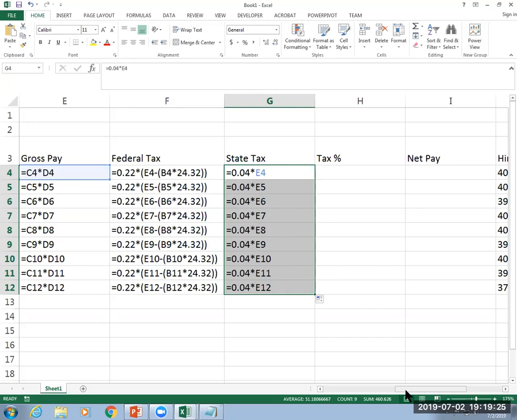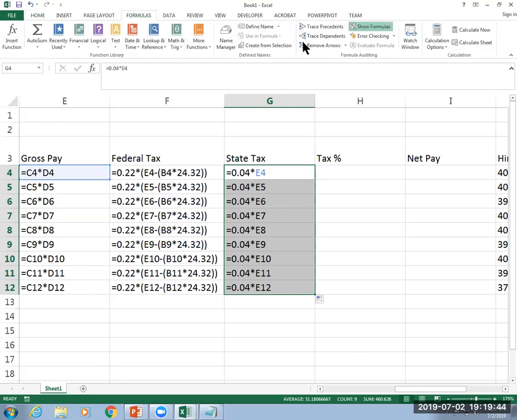So anytime that you want to view your equations, you can. The keyboard shortcut is Control accent. The accent is the one that is next to the number 1 key. Or you can go on Formulas and then click on Show Formulas.